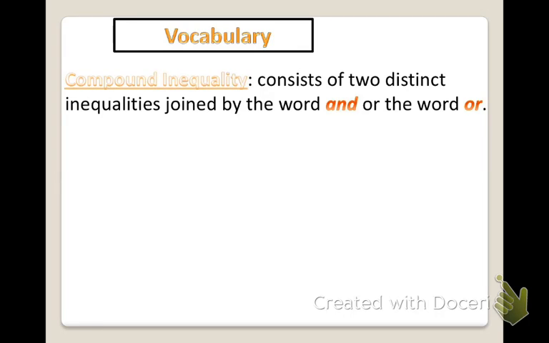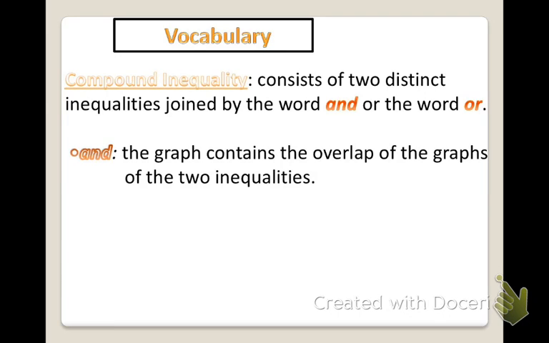But a compound inequality consists of two distinct inequalities joined by the word and or the word or. These are the and/or guys. And if we're going to use an and compound inequality, then in our graph we're going to show the solutions that satisfy both inequalities. It has to be both.